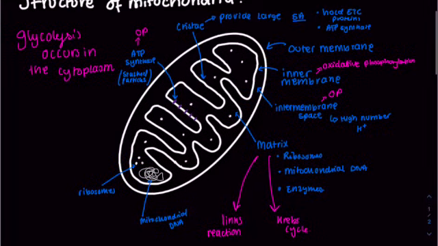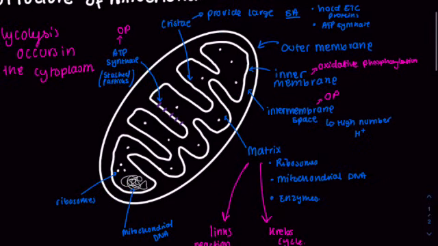And that's essentially it. So you have your outer membrane, your inner membrane, and the intermembrane space. Oxidative phosphorylation occurs so ATP synthase is on the inner membrane. You have cristae, which provide a large surface area, and they can hold a lot more electron transport chain proteins and more ATP synthases, so more synthesis of ATP occurs.